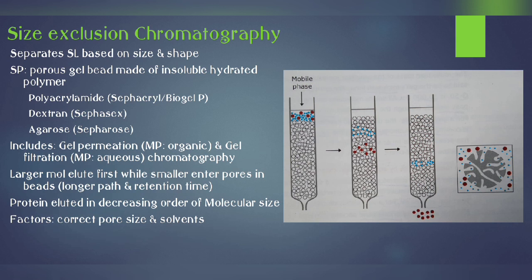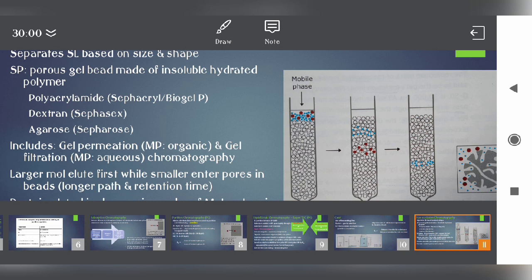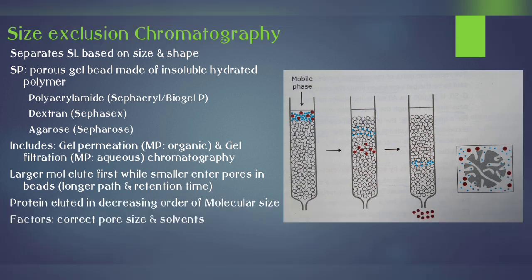Then size exclusion chromatography. In size exclusion chromatography, the molecules of our protein are separated based on size and shape. A porous gel made of insoluble hydrated polymer is used as the stationary phase.